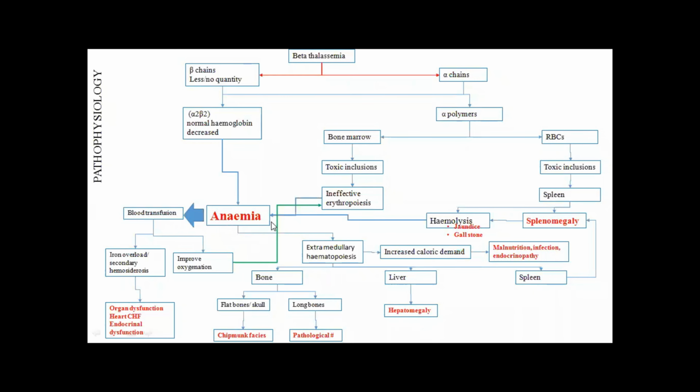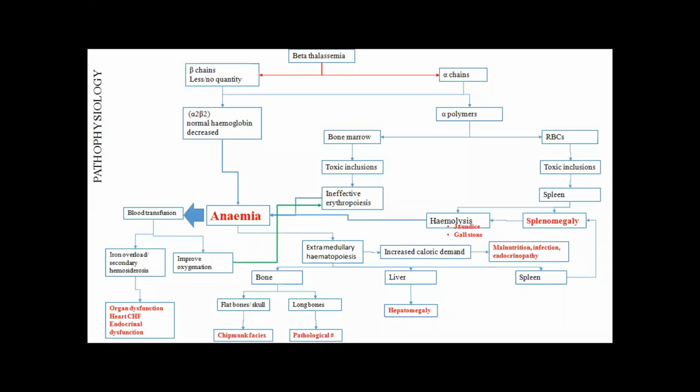Now we have reached the central node or central manifestation of thalassemia, that is anemia. The rest is all due to this anemia. If there is anemia, and the bone marrow is having ineffective erythropoiesis, the body starts producing hemoglobin or RBCs from extramedullary sites.